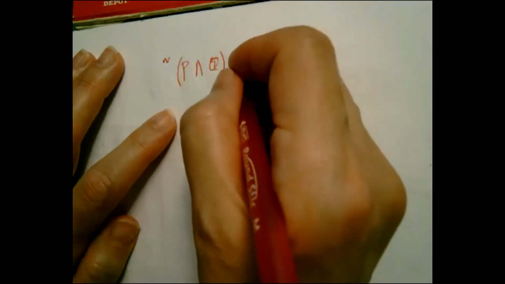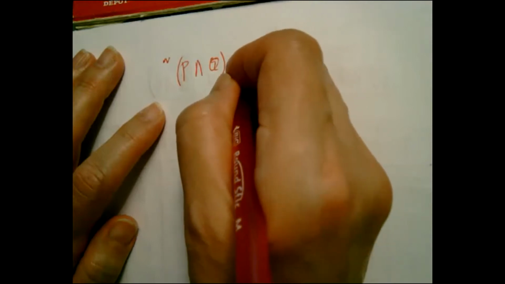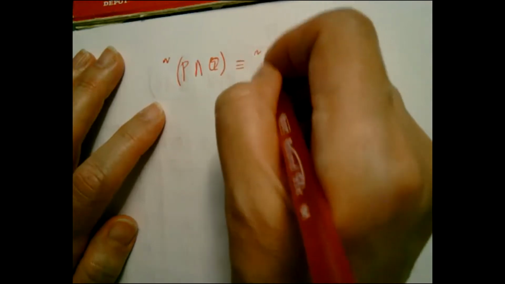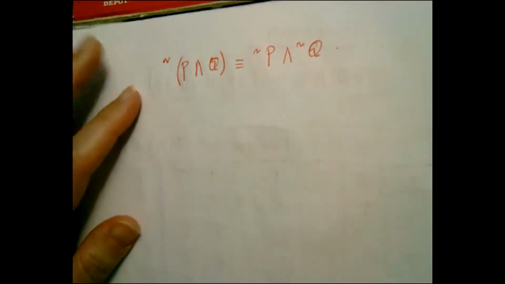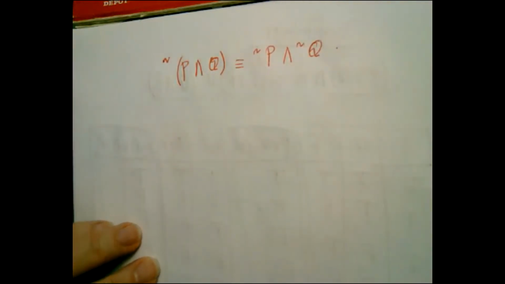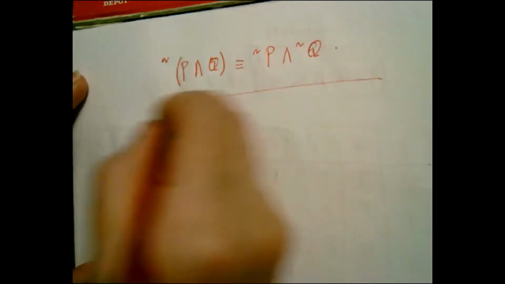So P and Q, and we negate them. Is that the same thing as negating P and Q? So suppose I tell you the following.